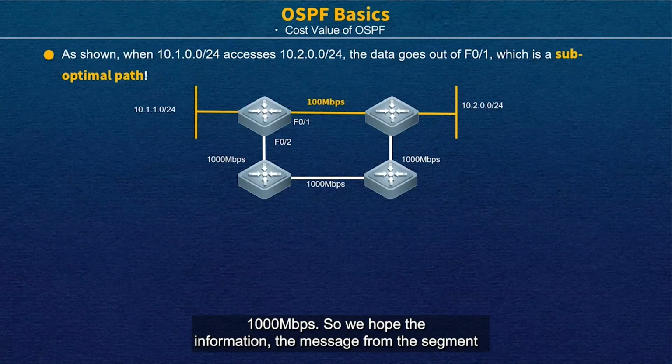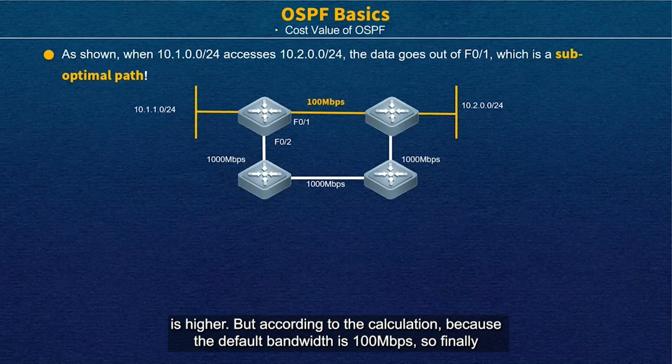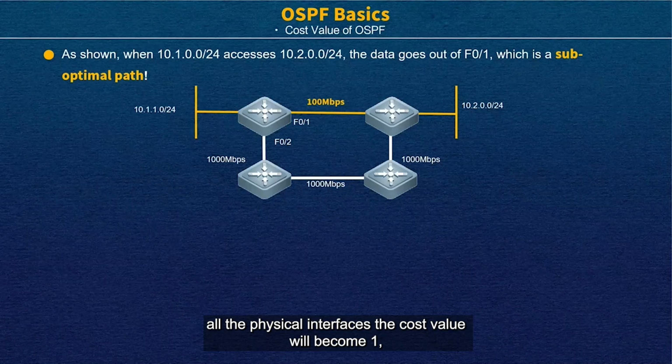So we hope the message from the segment 10.1.0.0 to the destination 10.2.0.0 can select the white line because the bandwidth is higher. But according to the calculation, because the default bandwidth base is 100 Mbps, finally all the physical interface cost values will become 1.